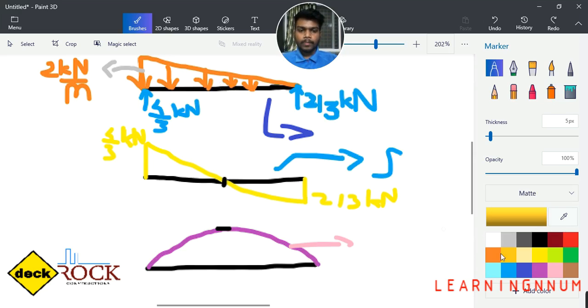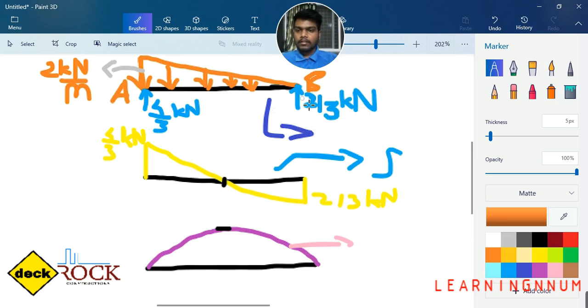external loading. So in the middle we have the shear force diagram, and at the extreme bottom we have the bending moment diagram. Now let us consider the points. I'll name them A, B. At A and B we have point loads of 4/3 kilonewton and 2/3 kilonewton respectively.